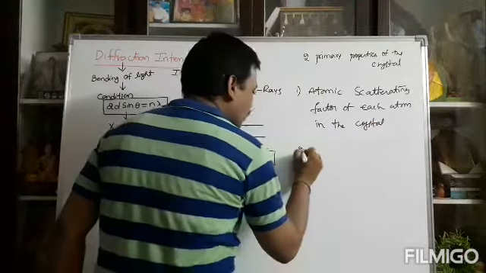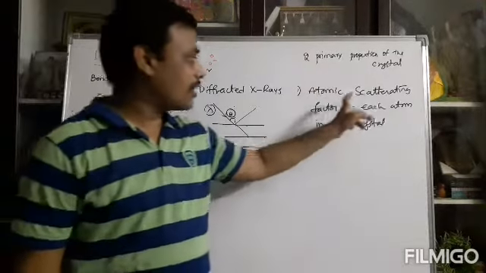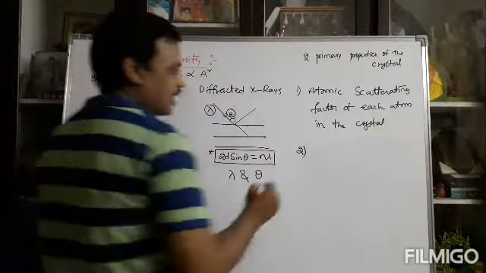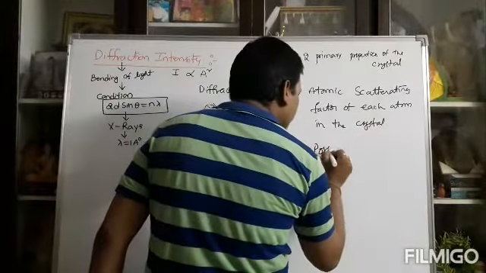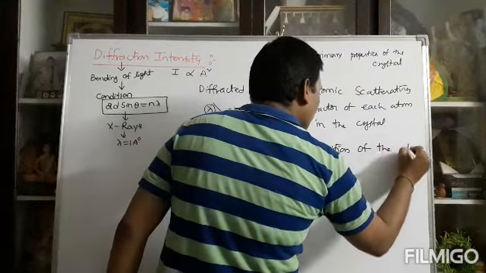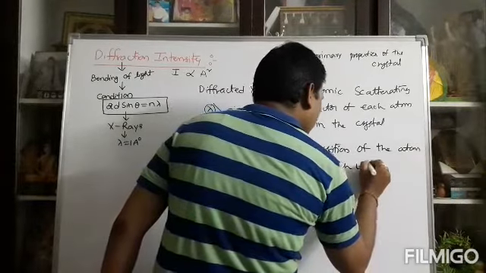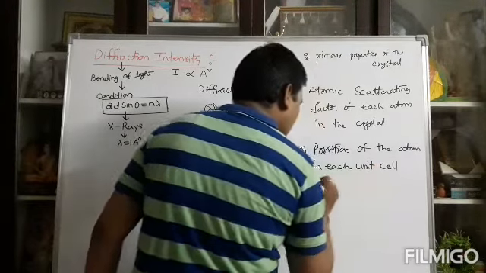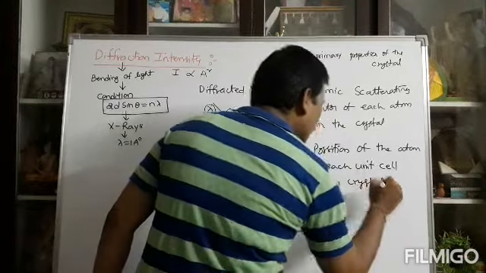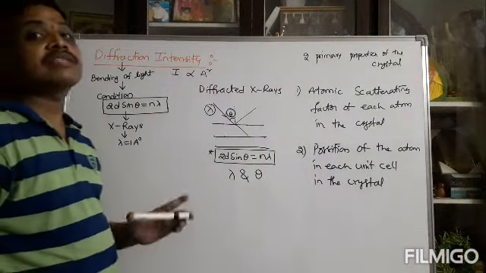That is the first factor for why the diffraction condition is not obeyed. And the second one is the position of the atom in each unit cell in the crystal. These are the two primary factors for why the diffraction pattern is not obeyed.